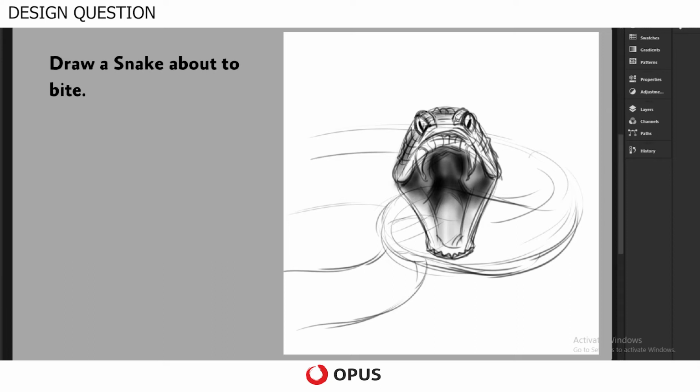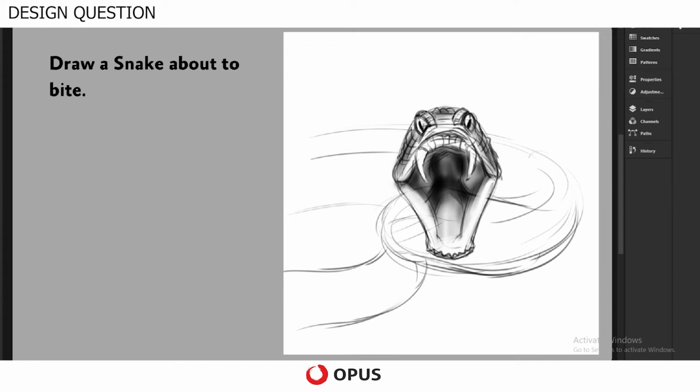then we can go for the certain sections that shall come out, like the teeth and certain parts of the mouth in this way.